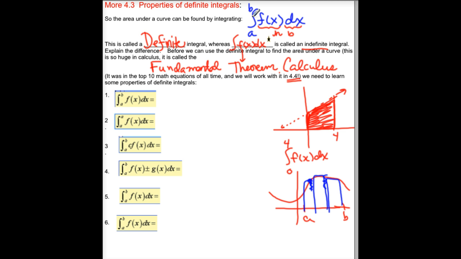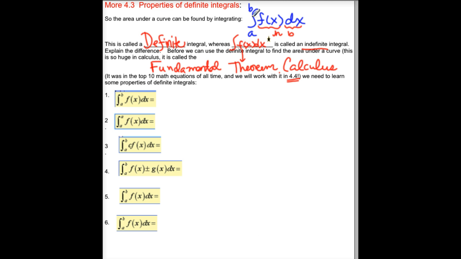Now what we are going to be doing, after we learn how to work with these properties a little bit more, is we are going to be able to find exactly what the area is without geometry and without a calculator. And that's our big task in Chapter 4.